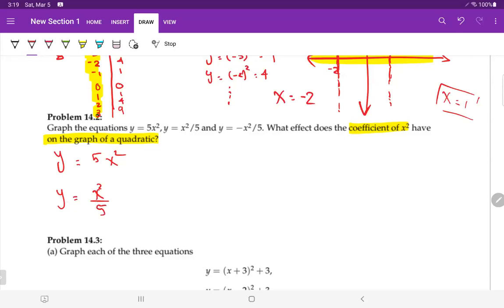And the last one is y equals negative x squared over 5. I don't like writing x squared over 5. It's a good practice to have the coefficient times x squared, so this is 1/5 x squared, and this is negative 1/5 x squared. We prefer these forms.